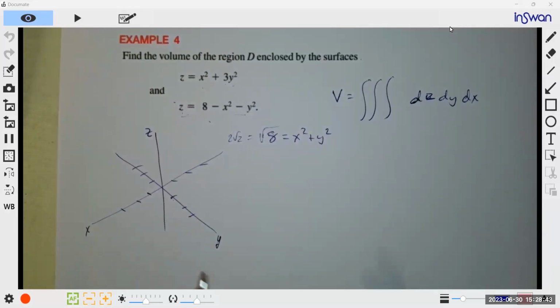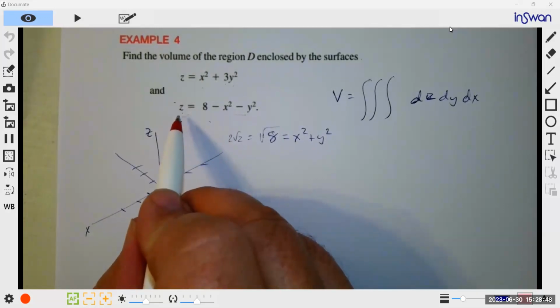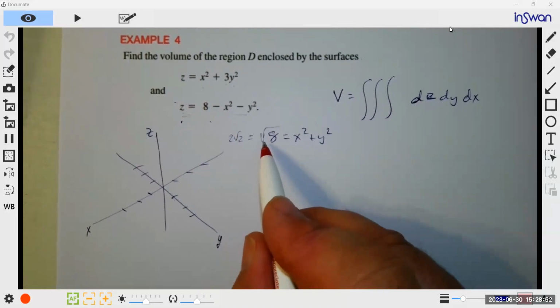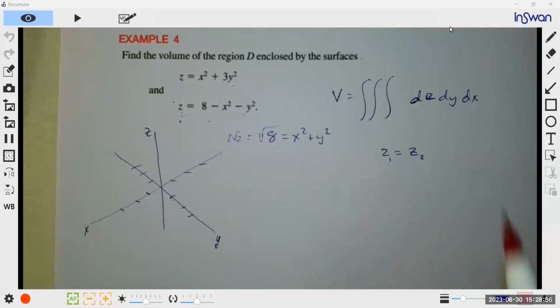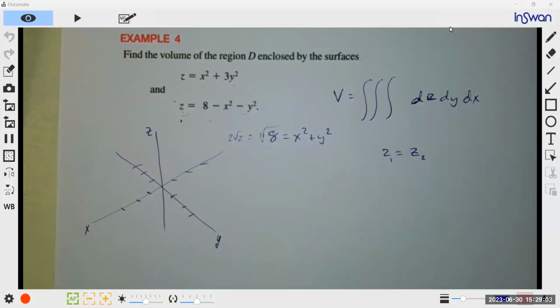Okay, so with respect to Z, we know that both Z's have to be equal.